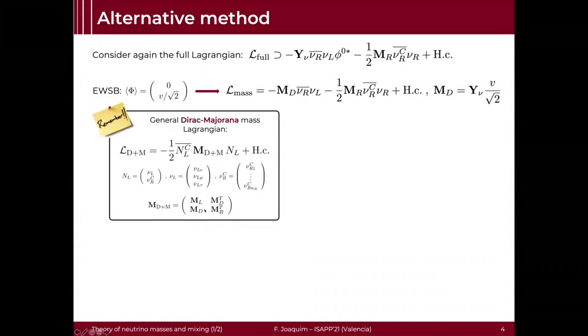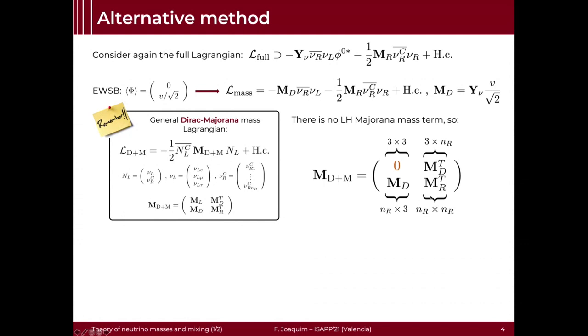Now in the case we are discussing for the type 1 seesaw, this mass matrix will just have this form, where this 0 in the 1-1 entry is here because at the beginning there was no gauge invariant interaction which could actually give rise to a left-left neutrino mass matrix. So this is why this 0 is here.